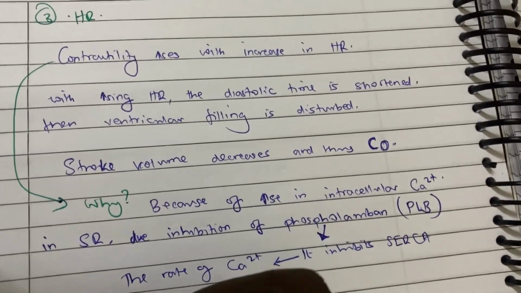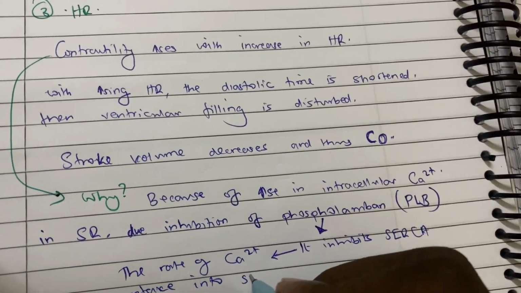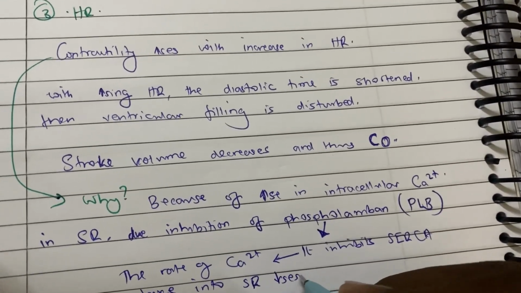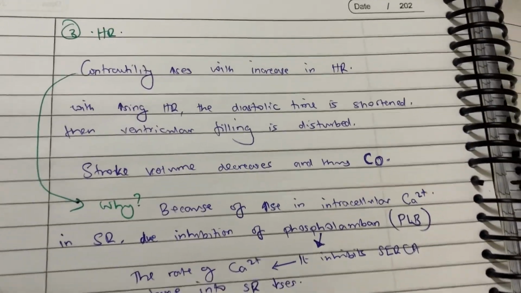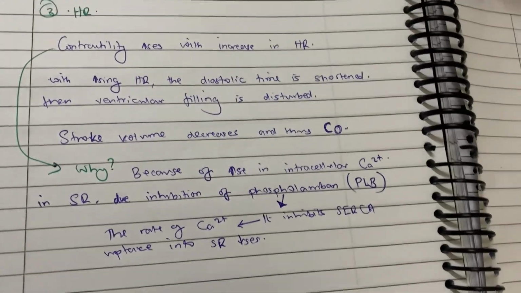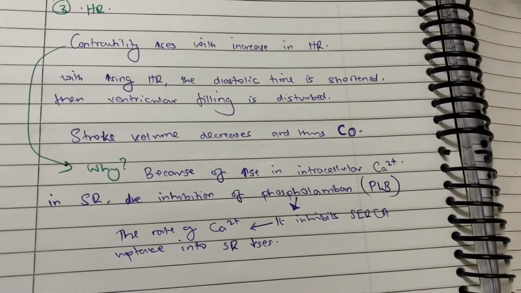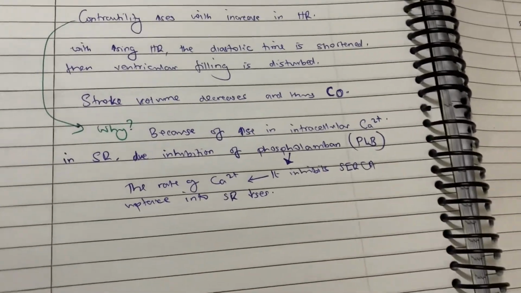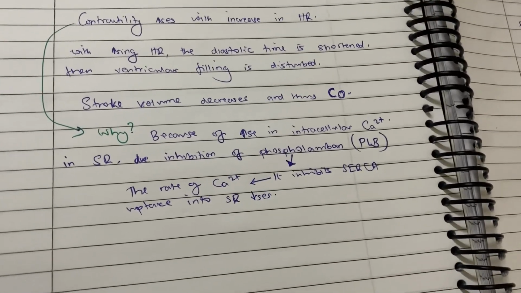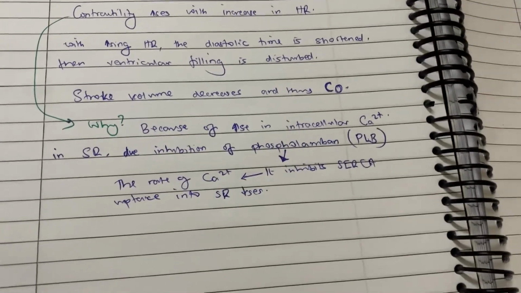So when it inhibits this one, the rate of calcium uptake into the sarcoplasmic reticulum decreases. So this decreases the available calcium for contraction in normal states. But with tachycardia, this inhibition is removed and SERCA acts at its best, pumping calcium back into the sarcoplasmic reticulum, reducing its concentration in cytosol, but also making it available for the next heartbeat.